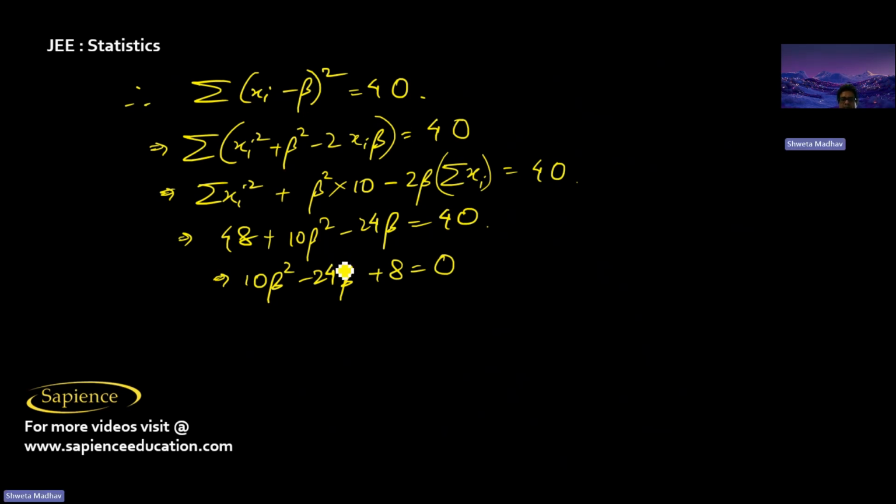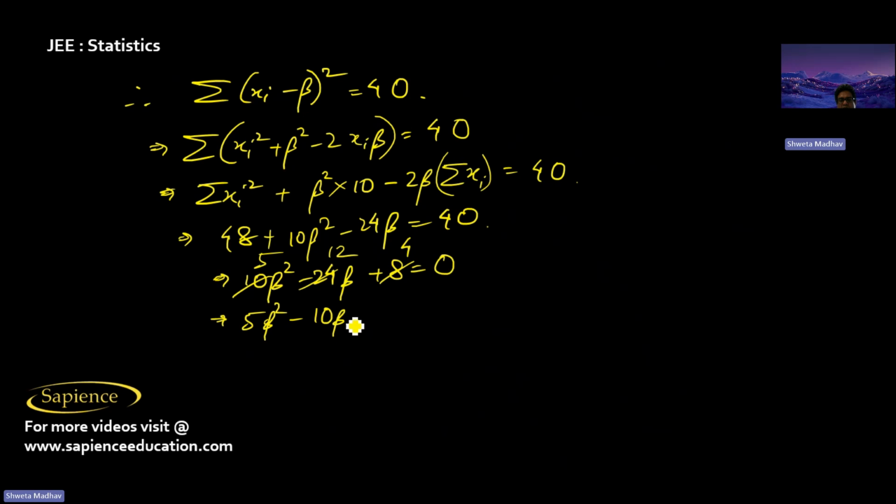So it will be 2 5s are 10, 2 10s are 24, 2 4s are 8. So I can say this will be 5 beta square minus 10 beta, since from here 2 I can take as common and I can cancel, plus then 5 4s are 20 and 10 2s are 20.